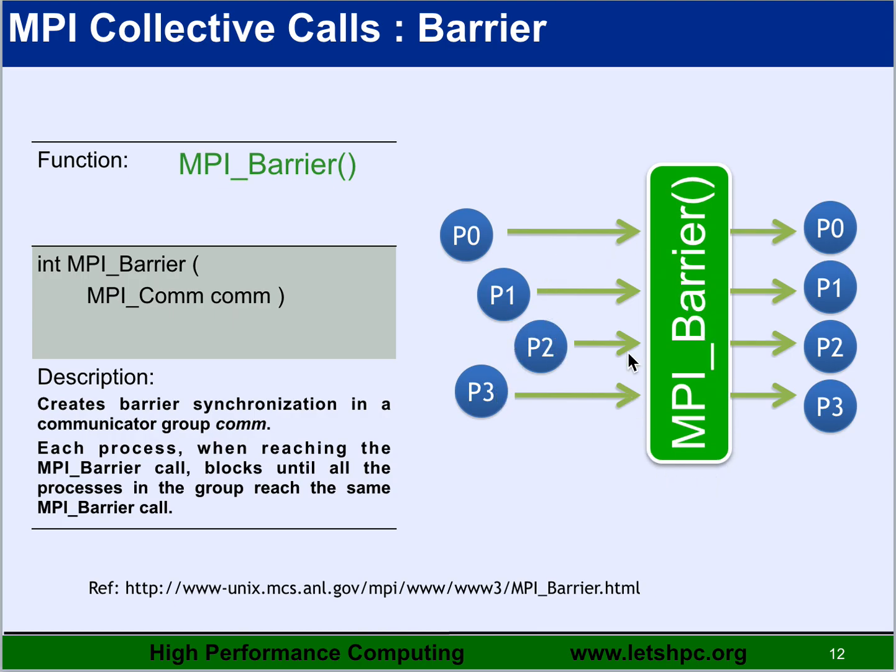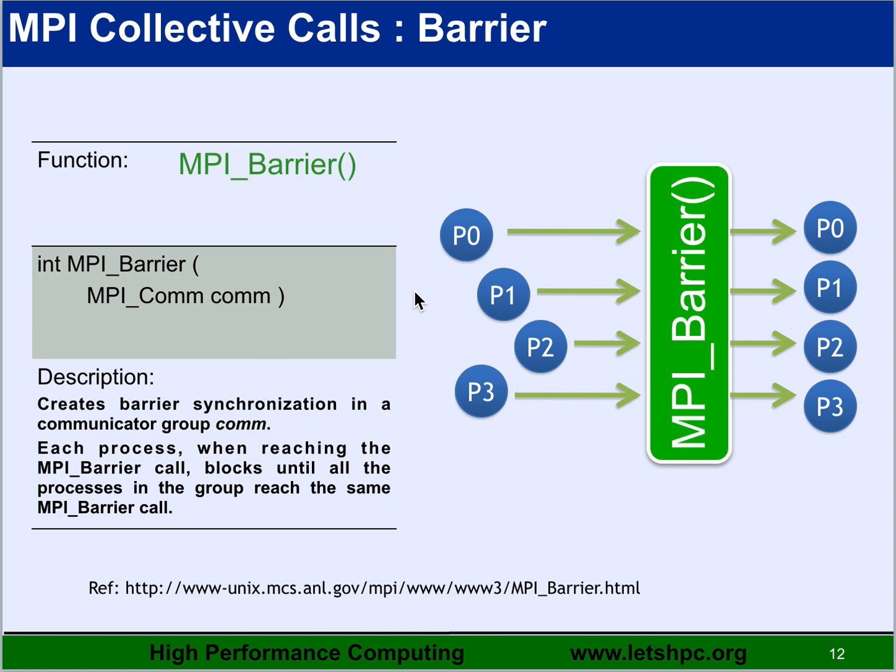So once you put this MPI barrier, which is a synchronization call, it will make sure that after this call, all these processes resume at the same time as it goes forward. So it basically creates a synchronization in the communicator.